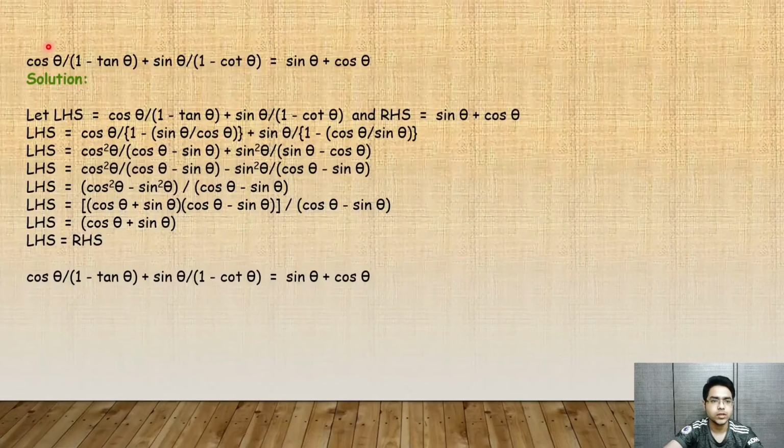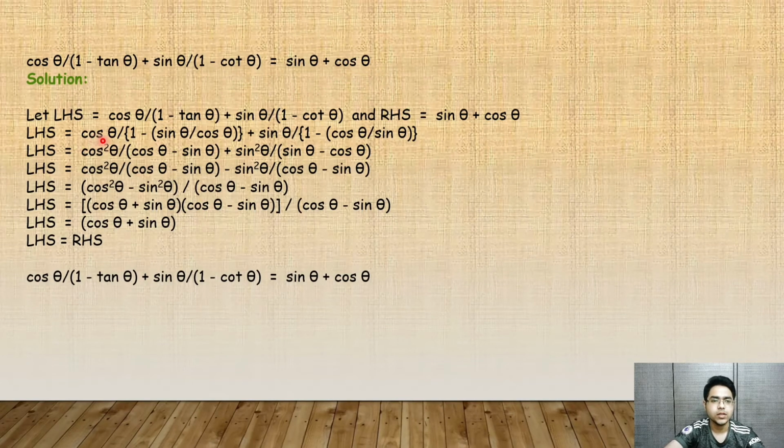Now turning to the next slide. Cos theta divided by 1 minus tan theta plus sine theta divided by 1 minus cot theta will be equal to sine theta plus cos theta. Now we'll be considering LHS as this big term and RHS as this small term, sin theta plus cos theta.